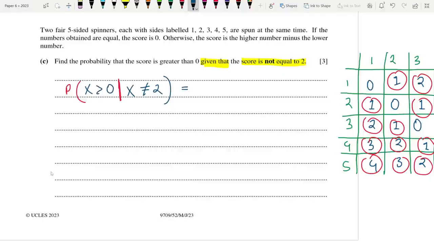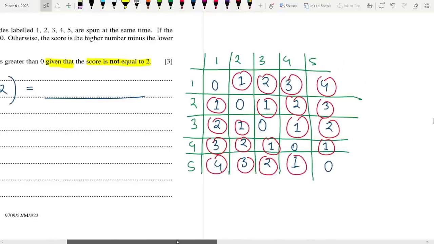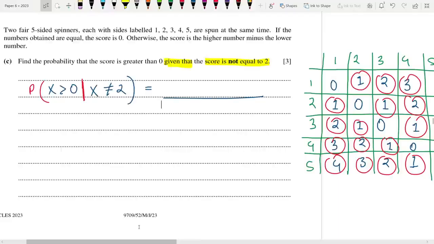And always remember that the condition will always go in the denominator.